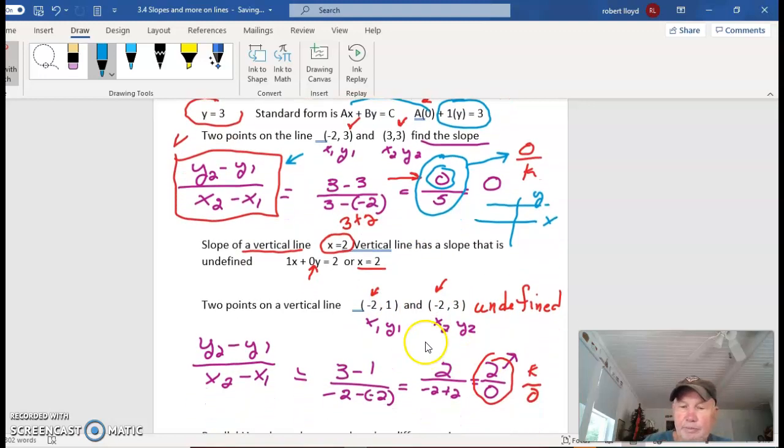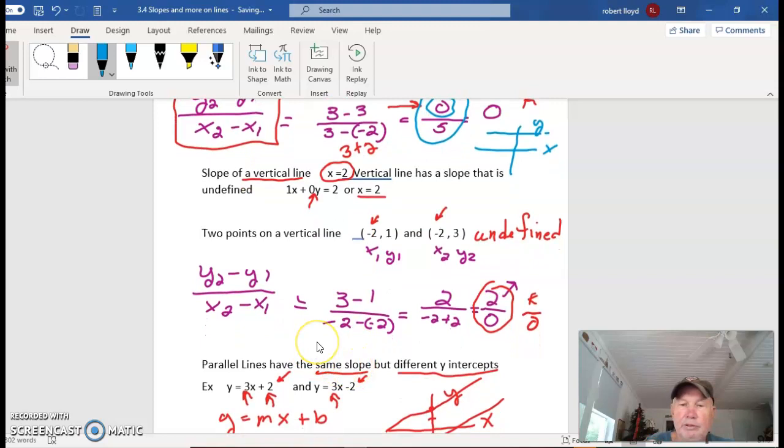So when we plug these points into our formula, we'll end up with 3 minus 1, or 2, and then negative 2 minus a negative 2, which would be negative 2 plus 2, and we will end up with 2 divided by 0. We can never divide by 0. That's a KO. When you want to divide by 0, it's called undefined because we really can't do that.